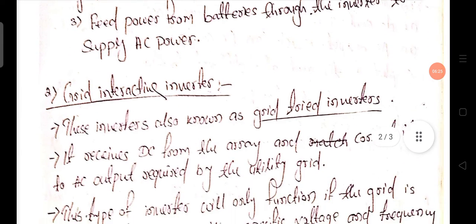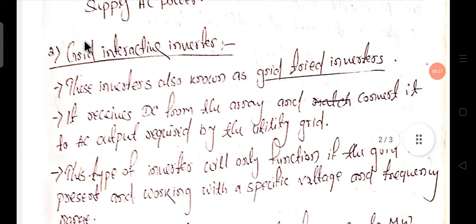Then the next one is the grid interactive inverter, also known as the grid tied inverter. It receives DC from the array and converts it to the AC output required by the utility grid.